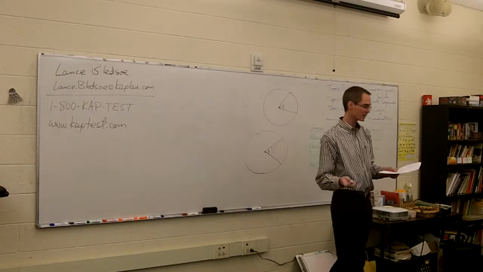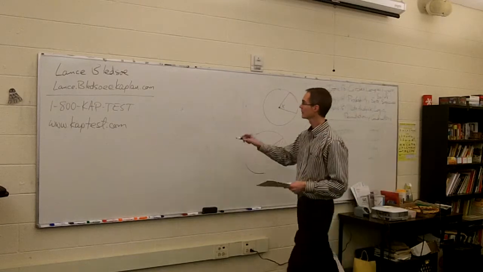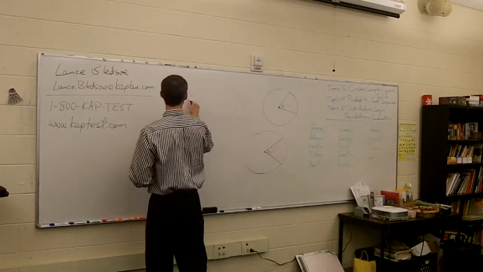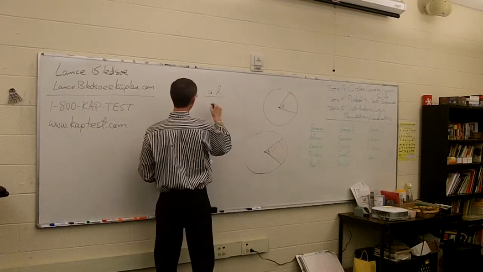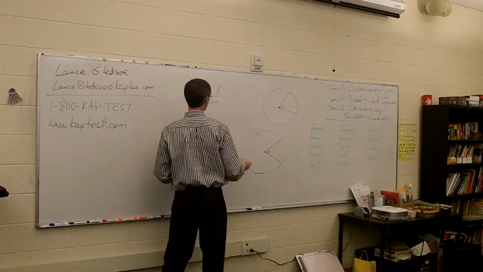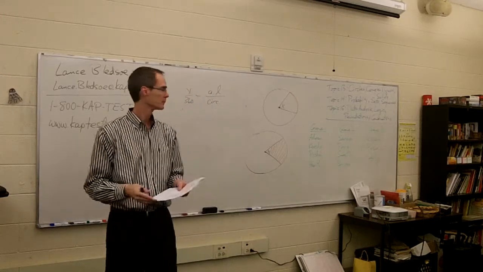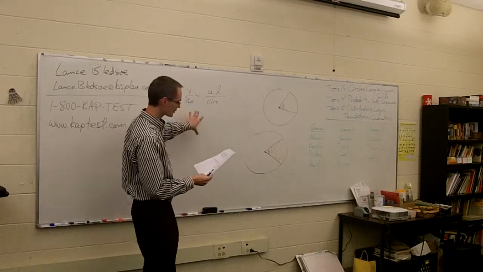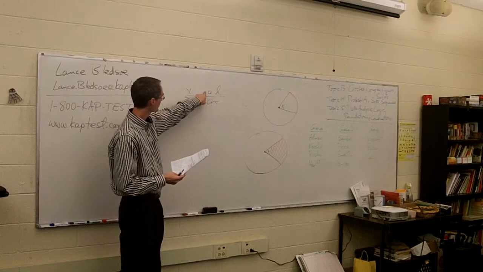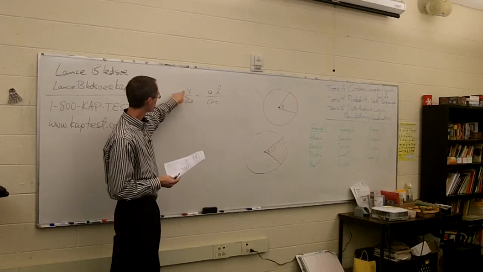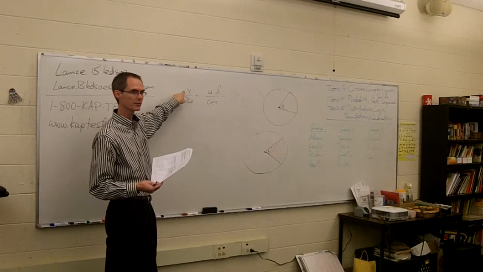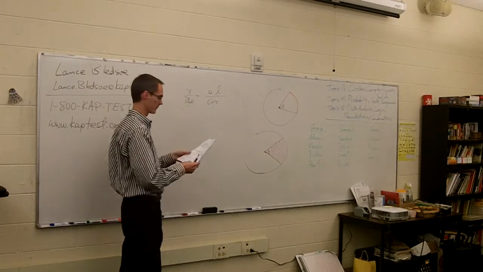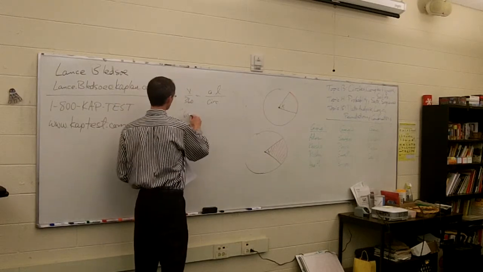And we've got a formula for arc length. That's that first one that's given up there. X over 360 equals arc length divided by the circumference. So in this particular question, we're looking for arc length, so we're looking for this piece right here. So what is the measure of our central angle in this circle, Sandra? 60 degrees.